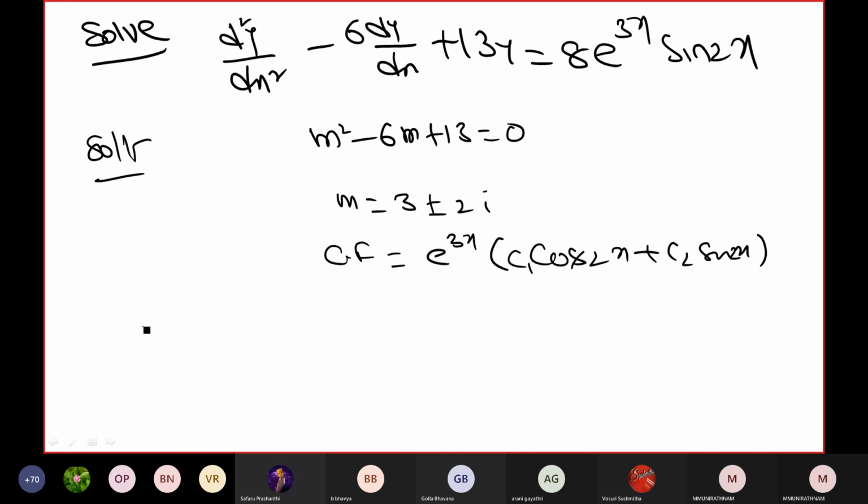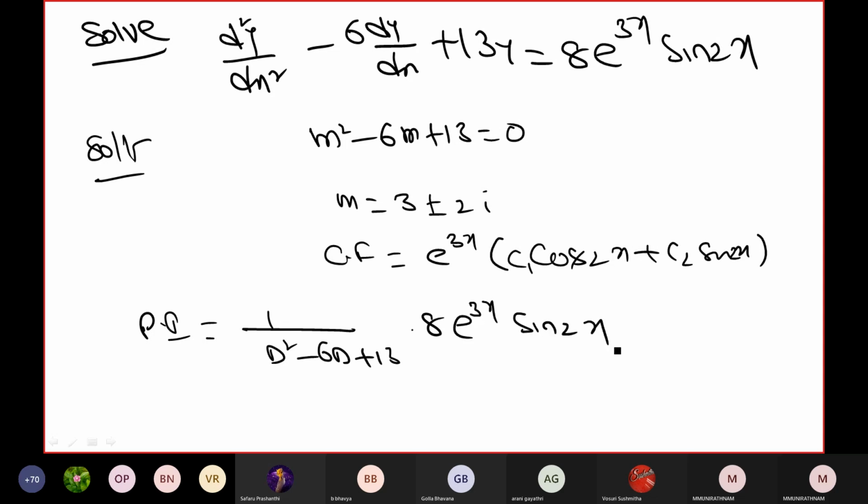Now we go for PI. D square minus 6D plus 13 into 8 into e power 3x into sin 2x. So I have to move e power 3x to the front by replacing D by D plus a. Keep in mind the D by D plus a.